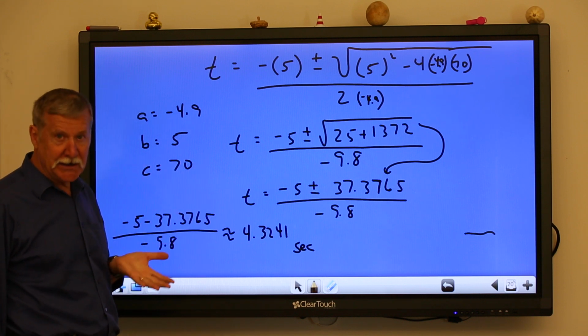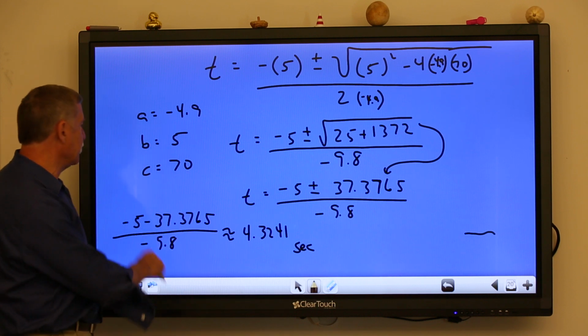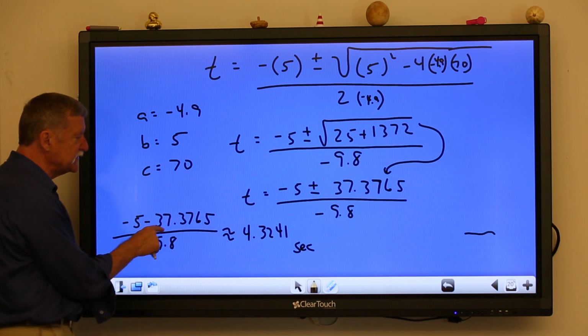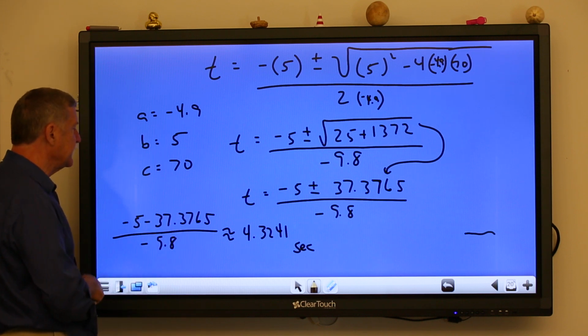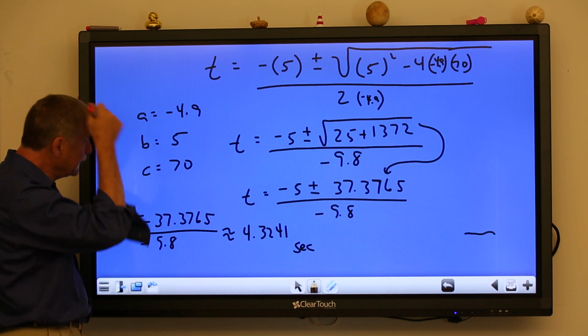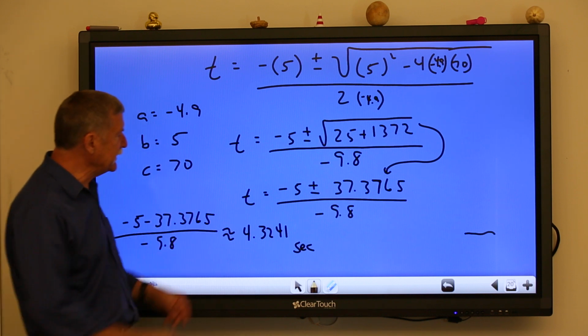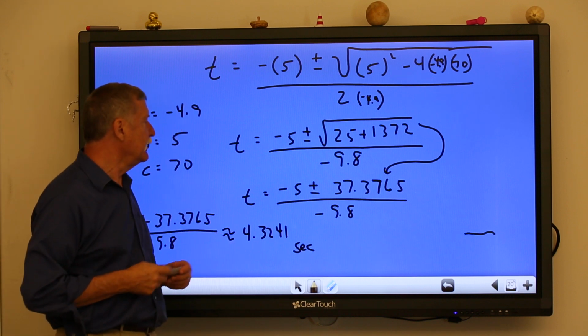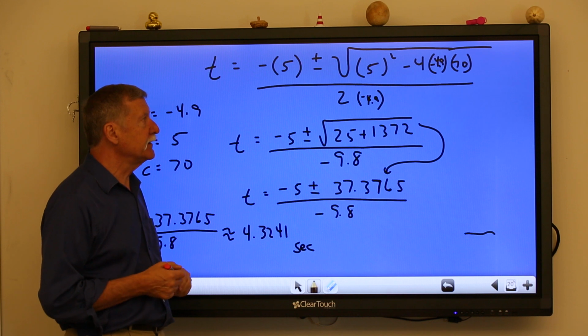So that's an extraneous solution, and we will ignore it, and instead we'll do the minus 5 minus 37.3765, and that gives us minus 43 something, and then divide that by 9.8, and that gives us approximately 4.3241 seconds for that thing to fall.